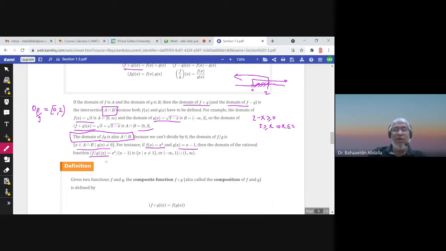But the domain of f over g would be all real numbers except the 0 of g. What is the 0 of g? 1. So the domain of f over g would be all real numbers except 1. So it's from negative infinity to 1, union from 1 to infinity. All real numbers except 1.